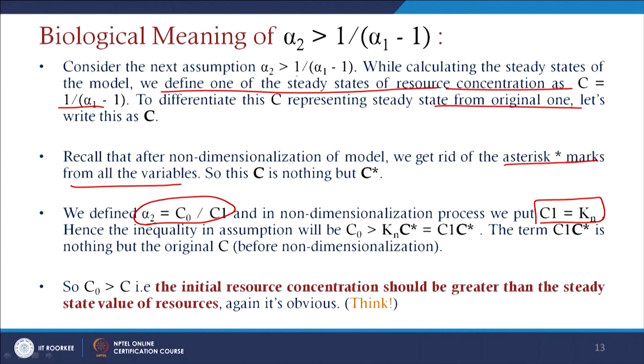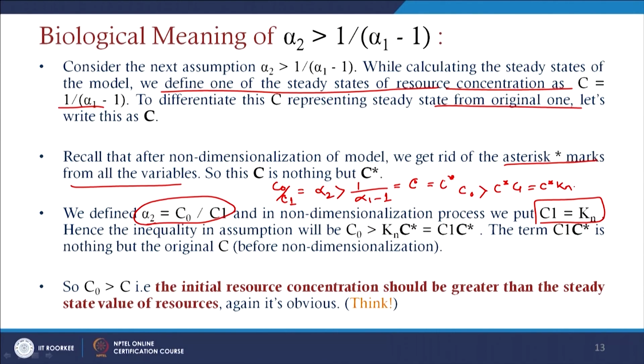So, that is why we write here that alpha 2 is greater than 1 by alpha 1 minus 1, and alpha 2 is obviously written as C0 by C1 here, and C is nothing but C star. So, we can write C0 is greater than C star into C1 here, where we are putting C1 equals to Kn. So, this equals C star into Kn.